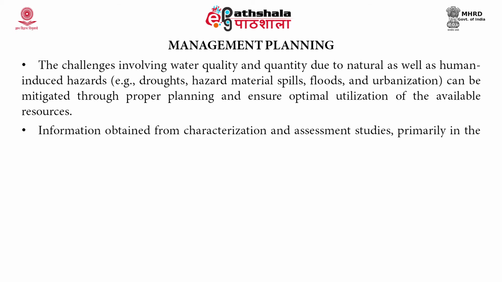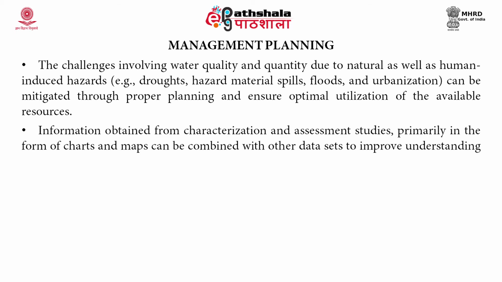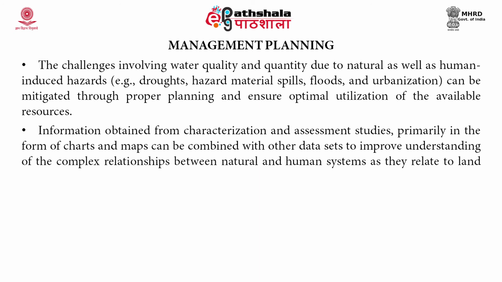Information obtained from characterization and assessment studies, primarily in the form of charts and maps, can be combined with other data sets to improve understanding of the complex relationship between natural and human systems as they relate to land and resource use within a watershed.